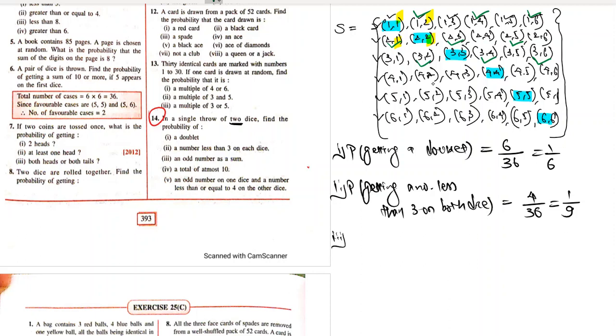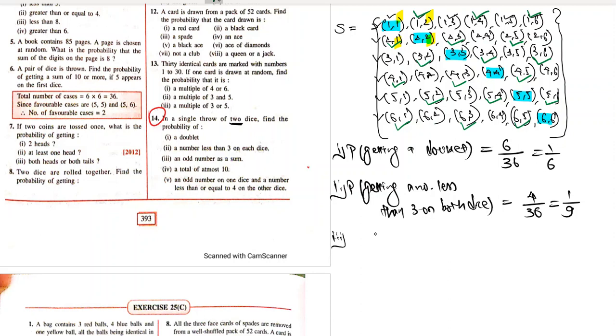Then from the fourth row 4 comma 1, 4 comma 3, 4 comma 5, then 5 comma 2, 5 comma 4 and 5 comma 6, then 6 comma 1, 6 comma 3 and 6 comma 5. So from every row I'm getting three pairs of numbers such that the sum of both the numbers is an odd number, right?